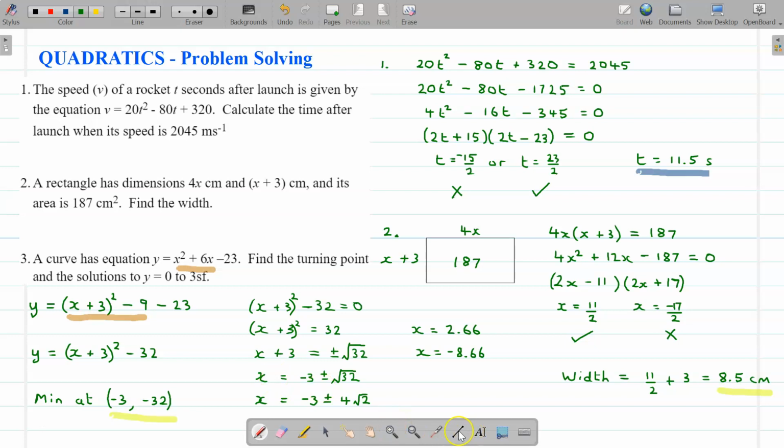So I'll just partition this off. So that's question 1, up to there.